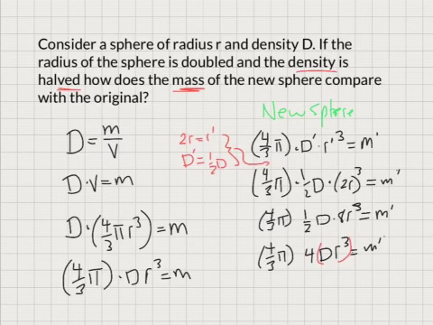If you go back to our original, if I take the 4/3 pi times d r cubed, that gives me my original mass. So that right here is my original mass. This number represents that it's actually 4 times greater for m prime. So to summarize, 4 times the original mass equals mass prime.